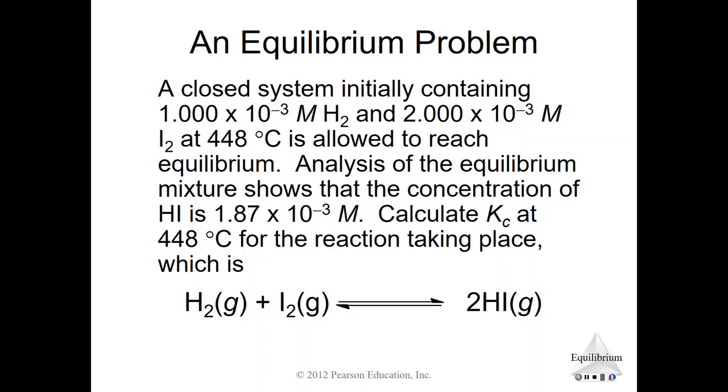Calculate Kc at 448 degrees for the reaction taking place. That's a lot, but this is what your problems are going to look like. One of the things we're going to focus on this Thursday and next Thursday are ICE tables, so we're going to use those.